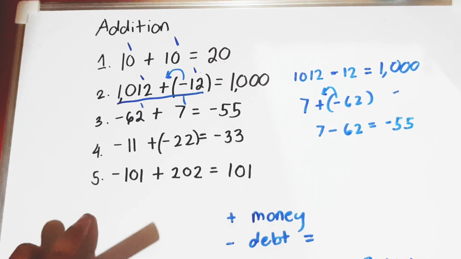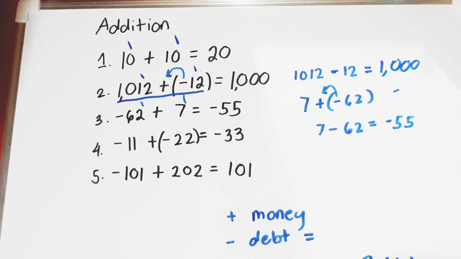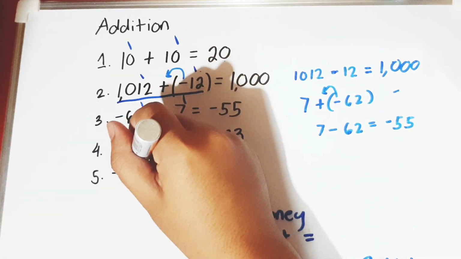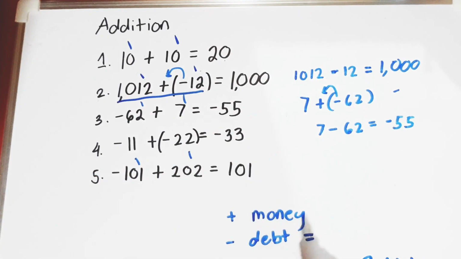Then case number 5, negative 101 plus 202. It's the same as case number 2 and 3, but here the positive one is larger and the negative is the smaller number in regards to the sign.